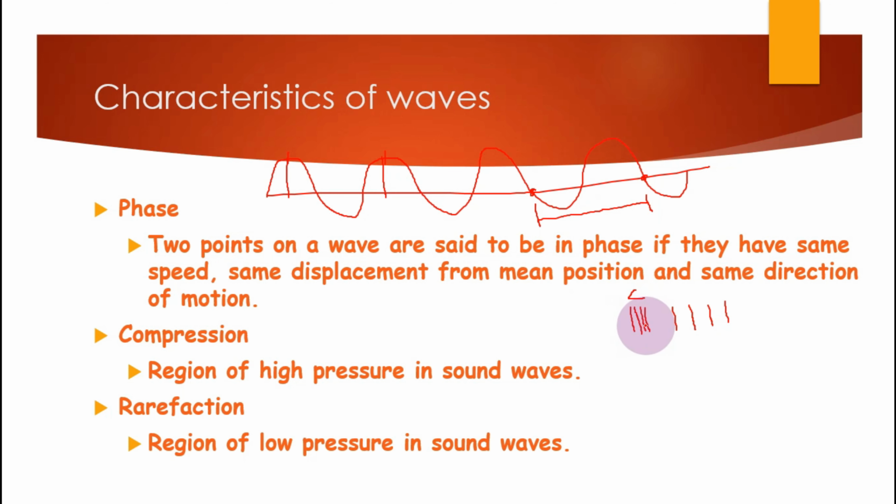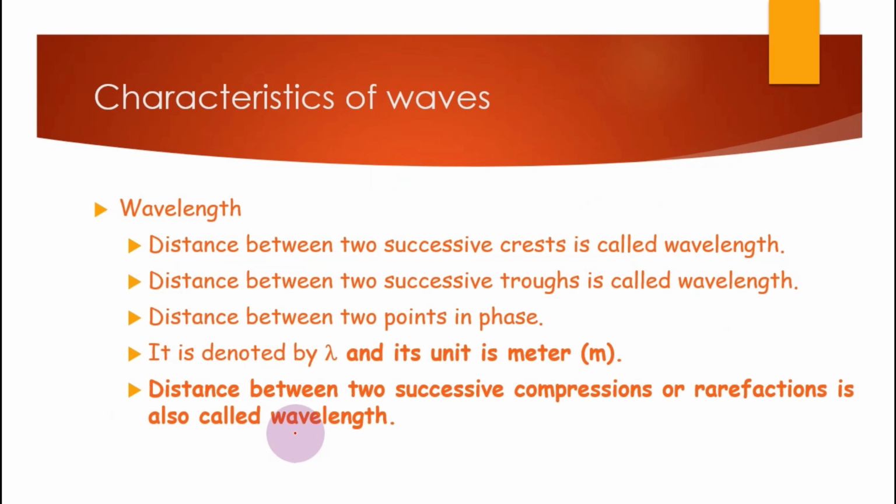The distance between the layers of the medium is very small. These layers are compressed, that is why it is known as compression. While here they are relaxed, so it is known as rarefaction. Rarefaction is the region of low pressure. Compression is the region of high pressure.